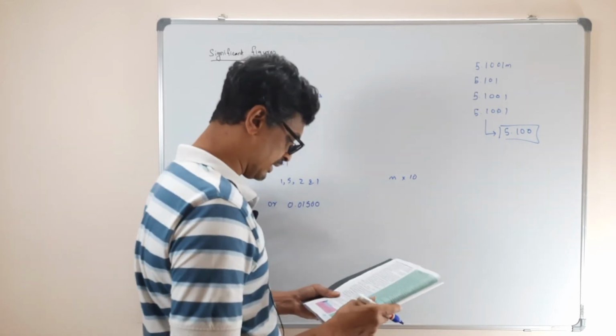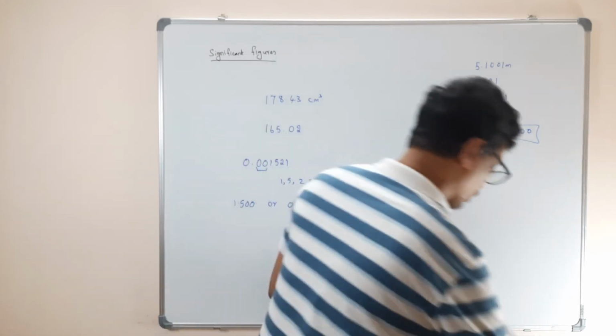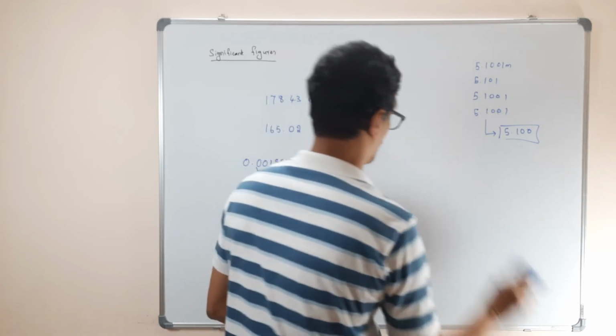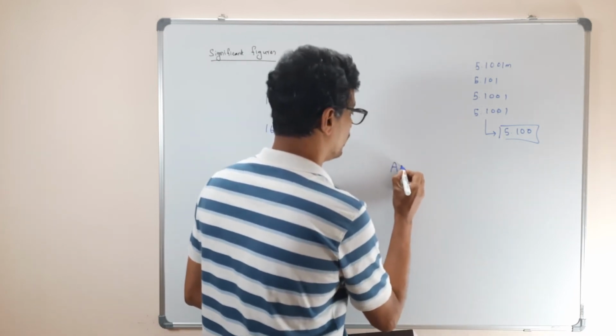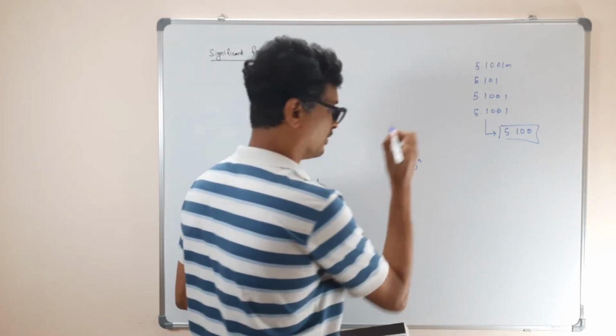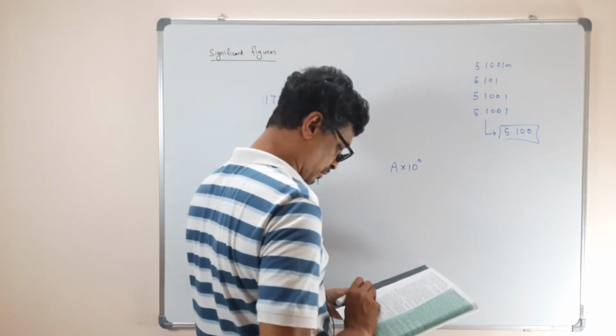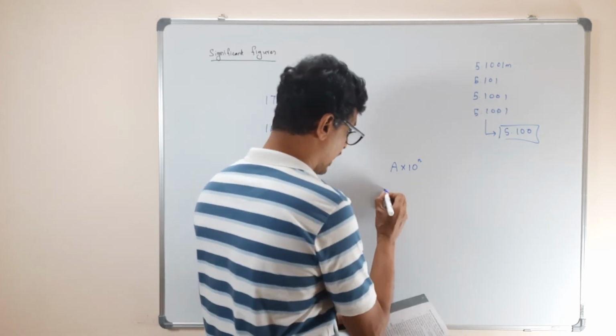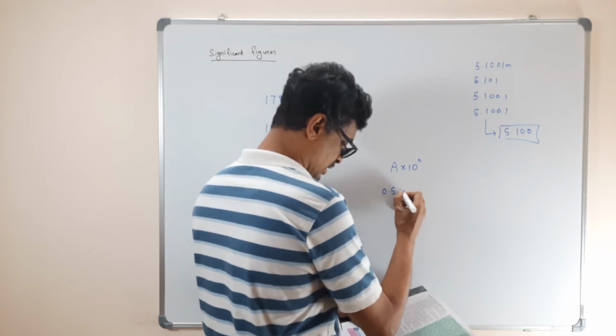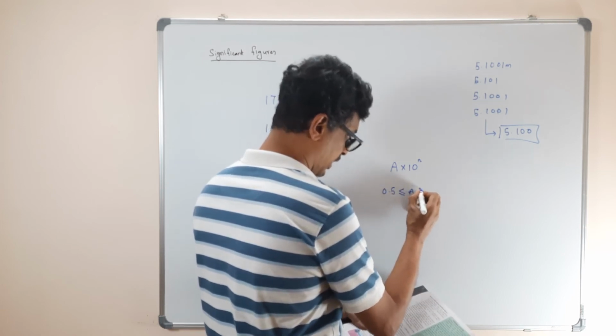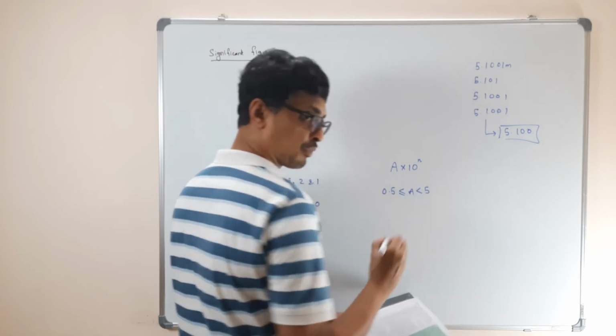What they have written is any number in this form: a into 10 to the power of n, where, see in your book, I don't know, in this order of magnitude, they say a is 0.5 less than or equal to a less than 5.